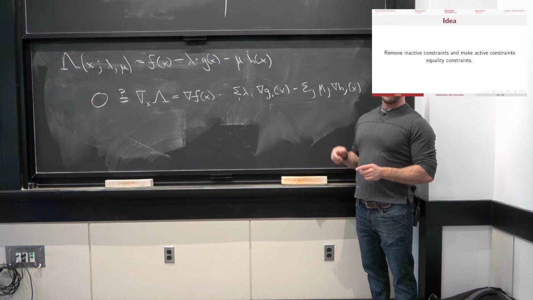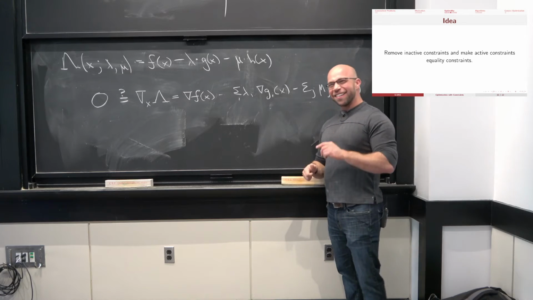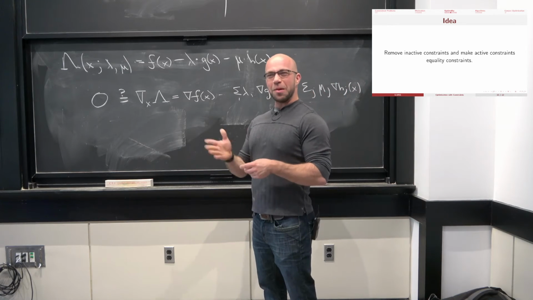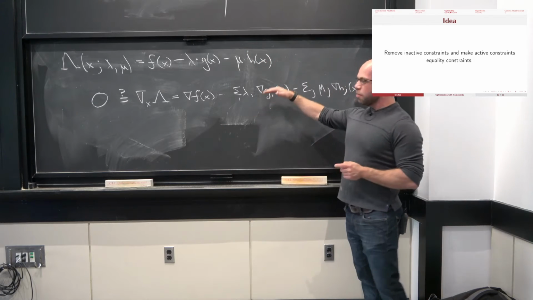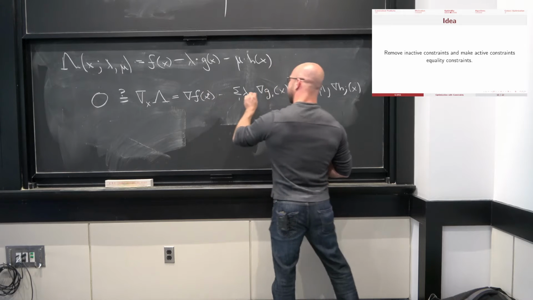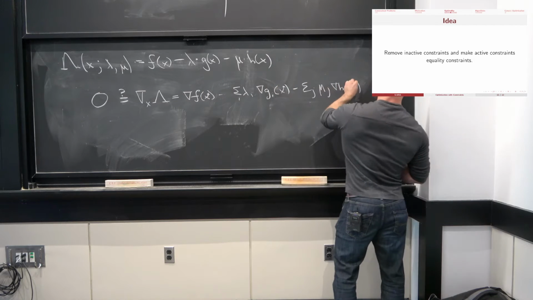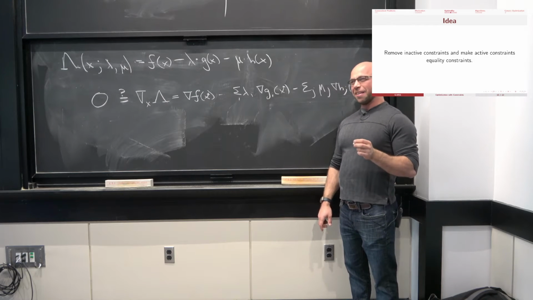But I claim we can kind of repair this a little bit. And here's going to be our little hack. This is just between me and you. Let's consider the points x, or really x star here, so that's the critical point. Let's say that they satisfy two things simultaneously.